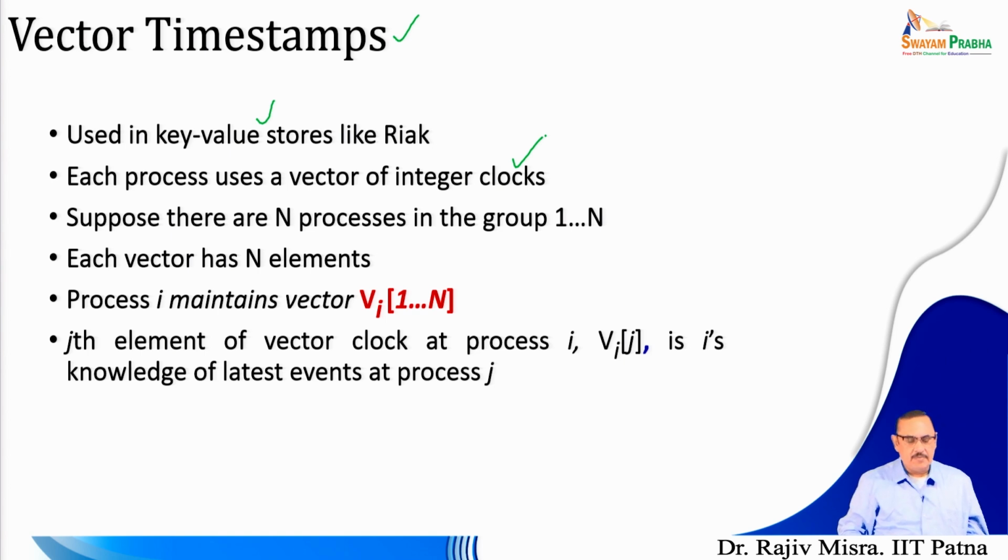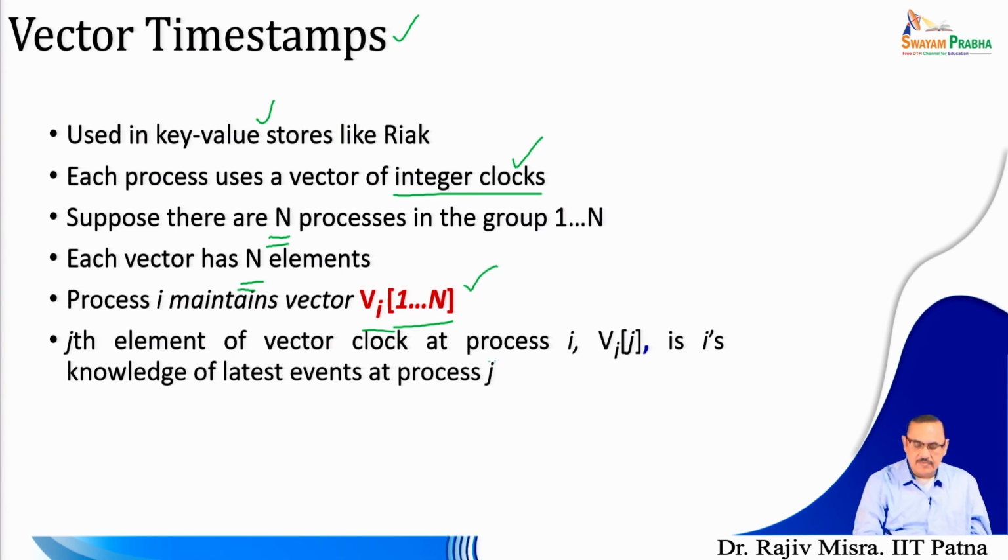In the vector timestamp, let us consider that each process uses a vector of integer clocks. What is this? Suppose that there are n processes in a group, 1 to n. So, each vector will have n elements. Each process i maintains a vector V_i of n dimensions, that is, 1 to n.